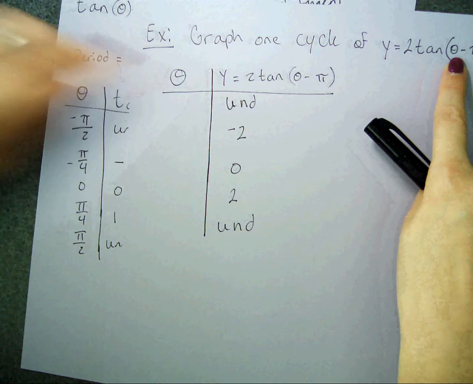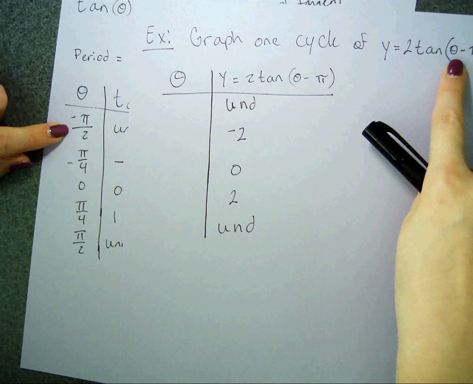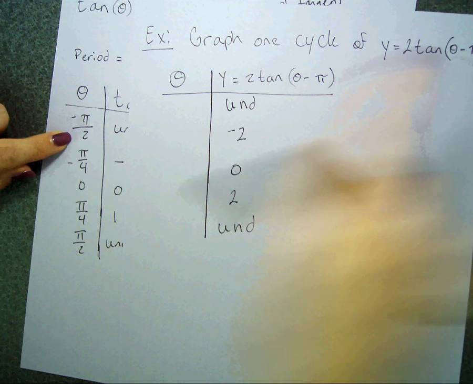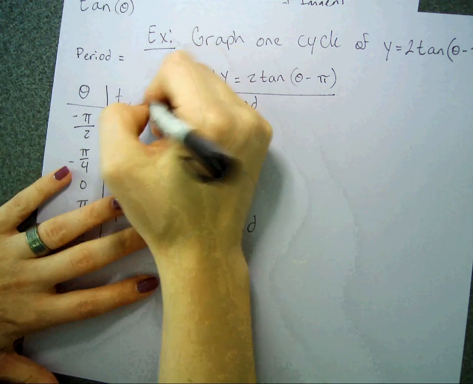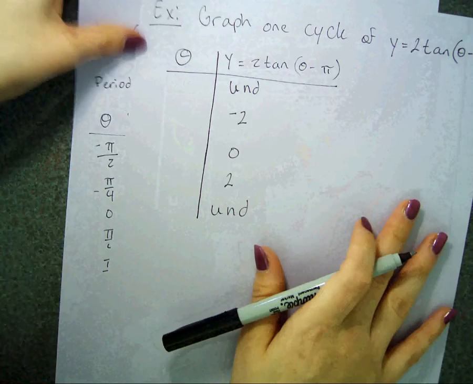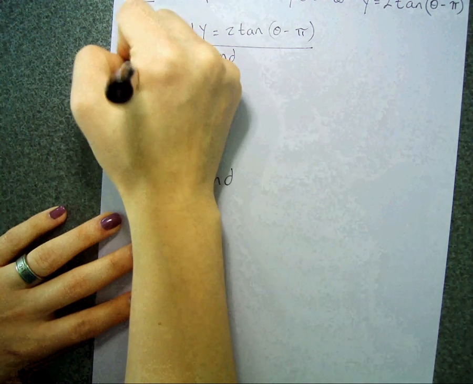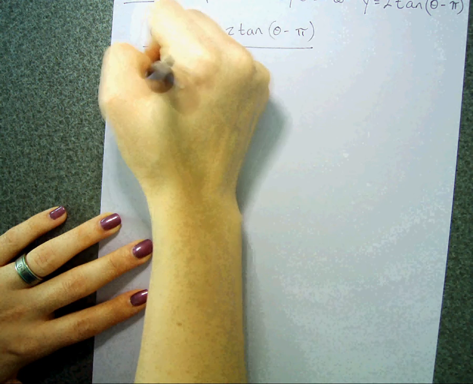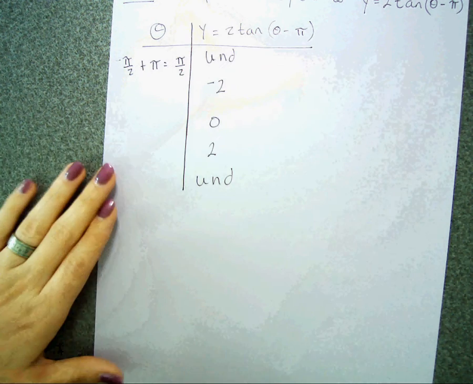So if I'm starting at negative pi over 2 and I'm shifting to the right pi, then my new starting value is going to be negative pi over 2 plus pi, which gives me pi over 2. Okay, so I'm just adding pi to all my values.